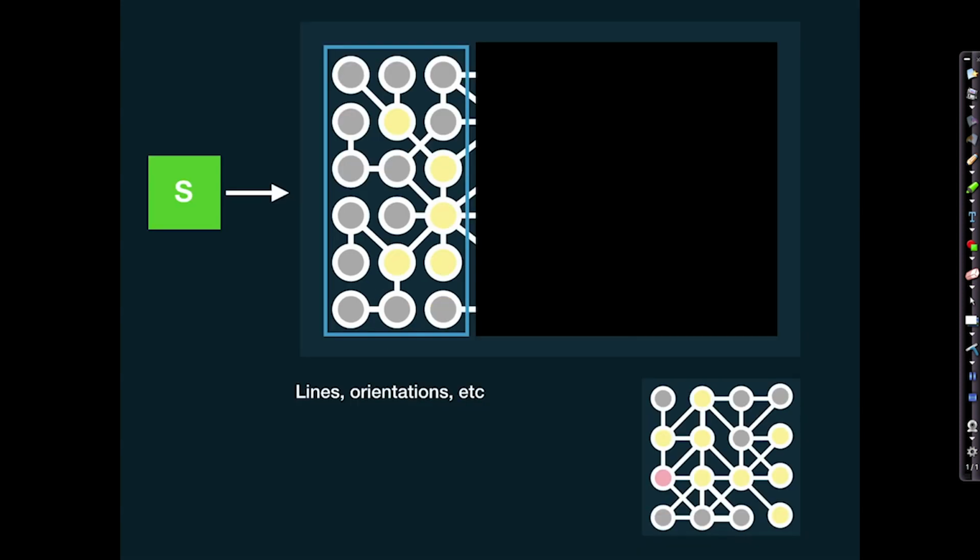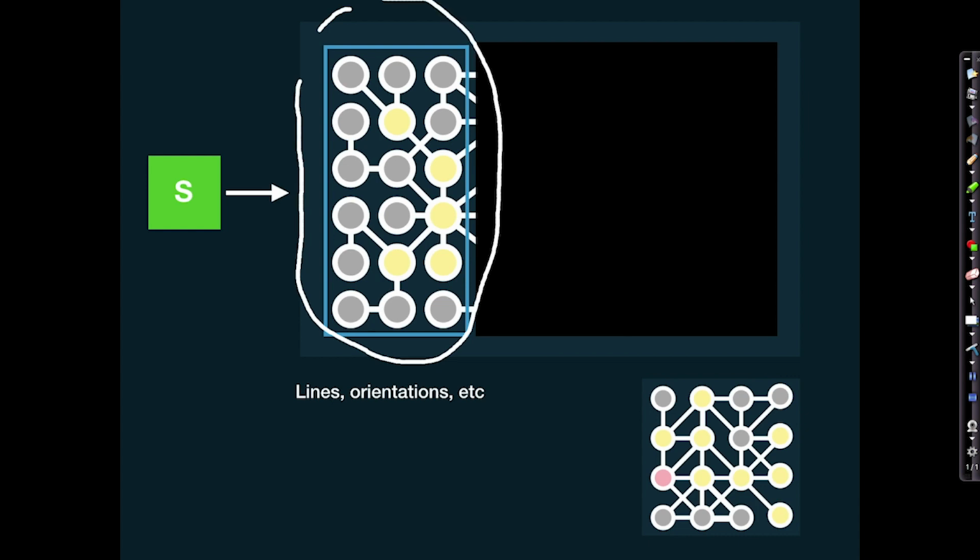First of all, I've blacked out two of the levels of the hierarchy. The reason for that is I want to emphasize how this process works, or at least the classical idea of how perception works. What you're seeing here is no different to what you are seeing here.